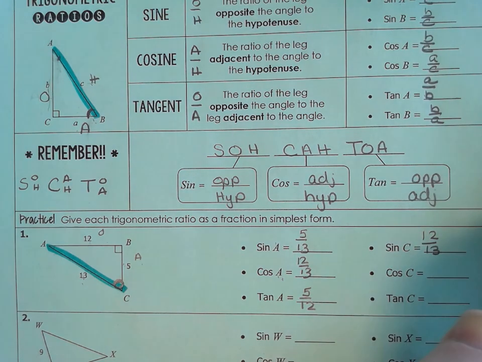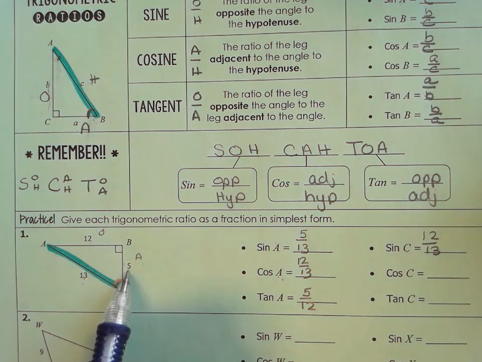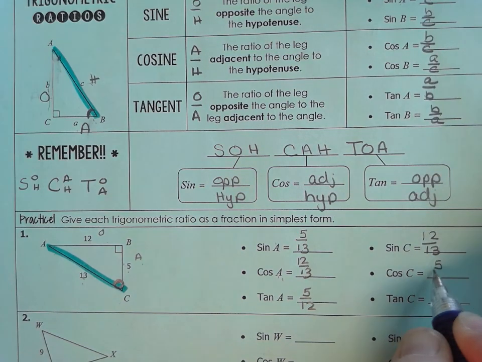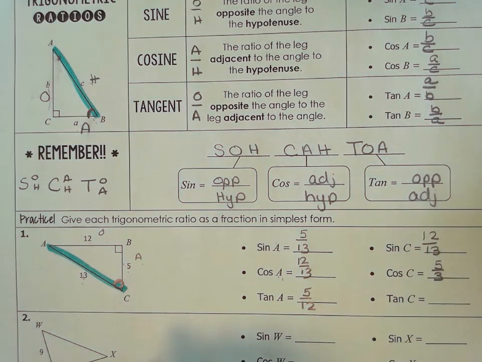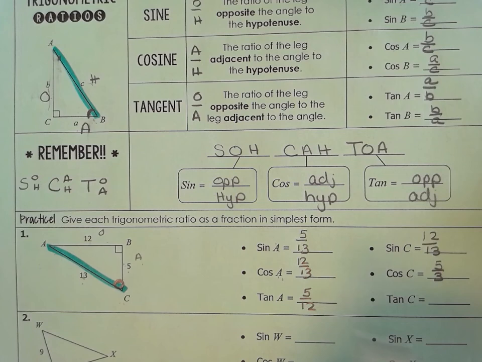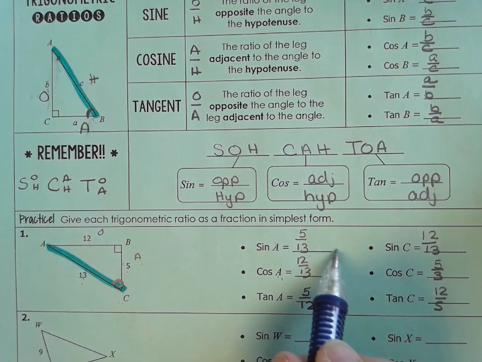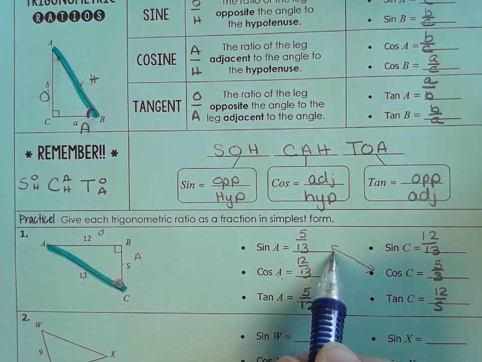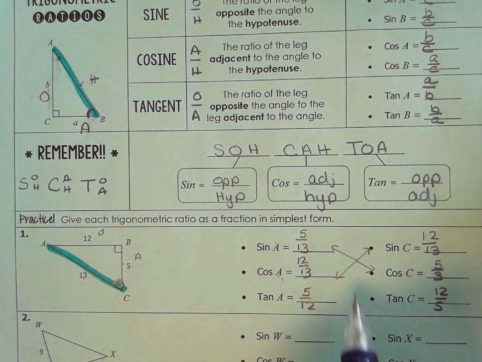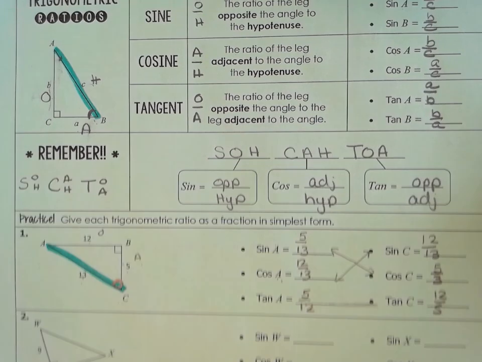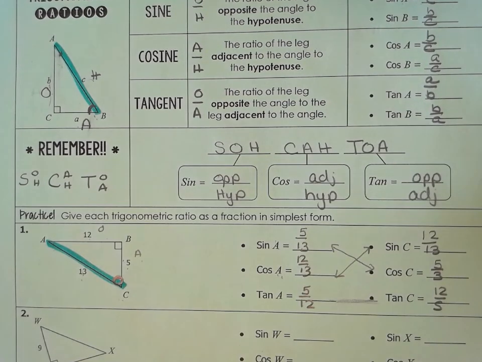Cosine C is 5 over 13. And tangent of C is 12 over 5. You'll probably notice that these two things are the same, and these two things are the same, and these two are just reciprocals of each other, okay? Because that's what it has to deal with.